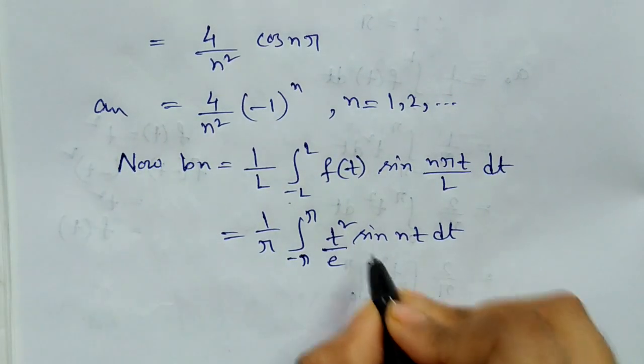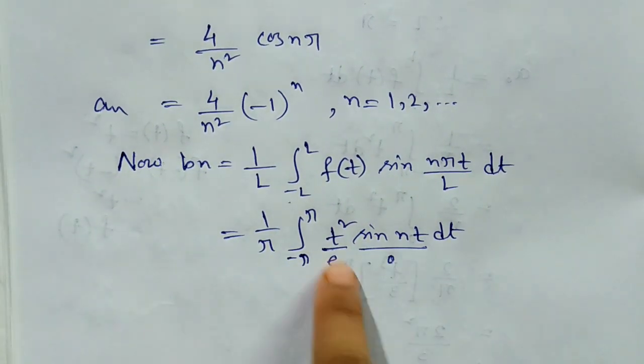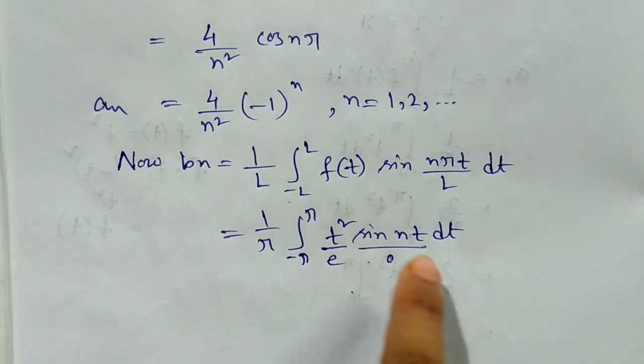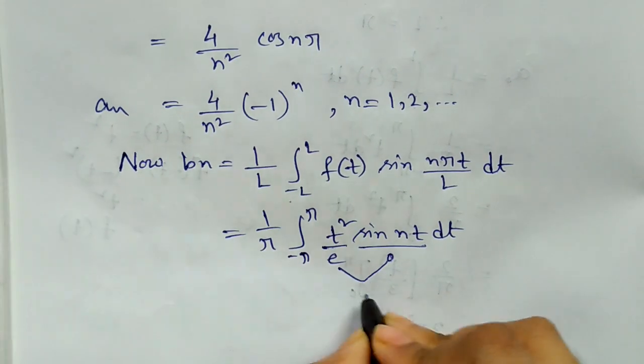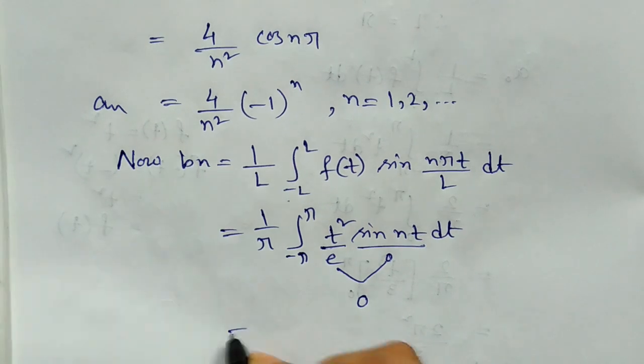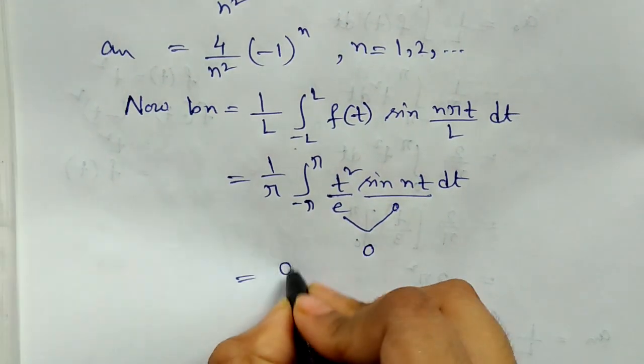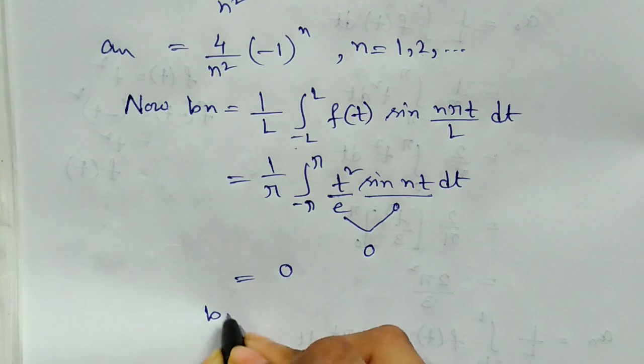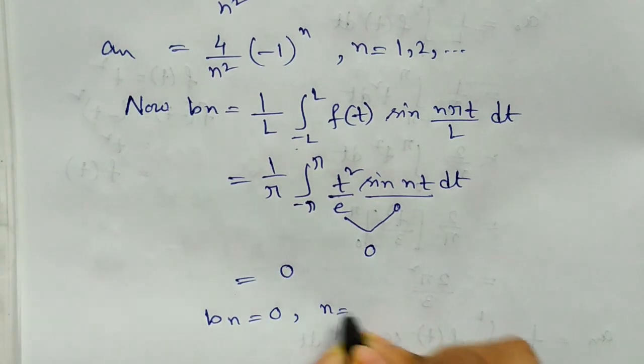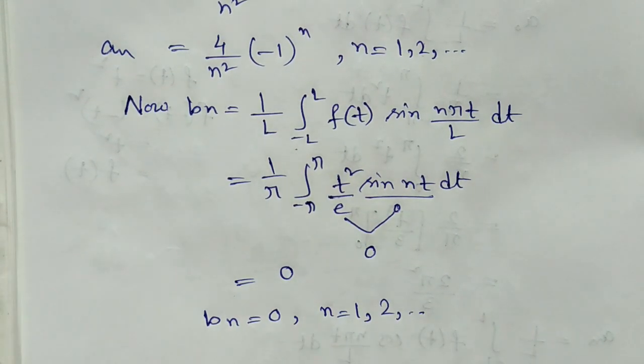Now this is an even function, this is an odd function. The product of an even and an odd function is odd. So directly we can write the value of this integration, that is 0. So Bn equals 0 for n equal to 1, 2 and so on.